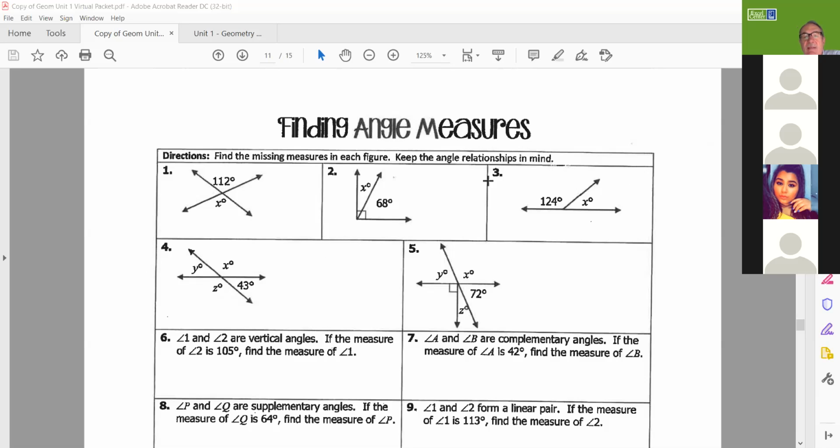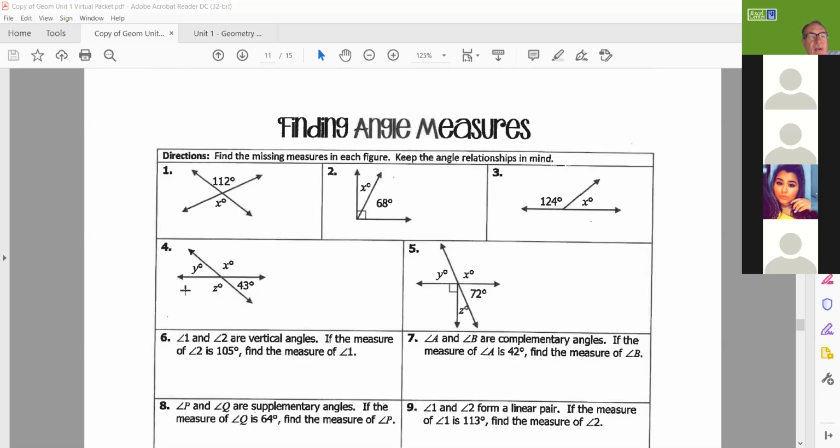So number 3 is an example of a linear pair. There's the definition again. Number 4 is another vertical angle. So now I can find all of these angle measures just by knowing that one of them is 43 degrees. That means angle Y is also going to be 43. It's opposite. X and Z are going to be equal.